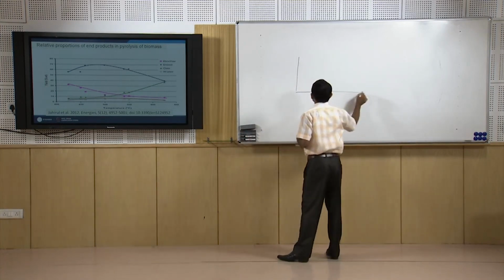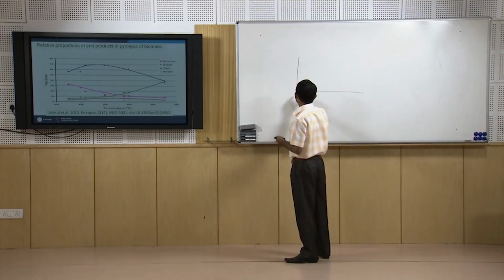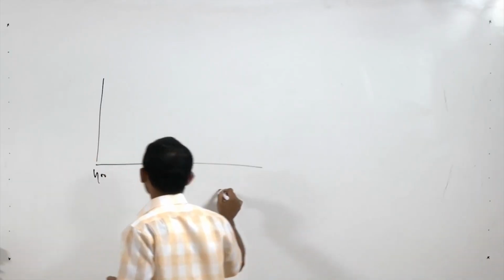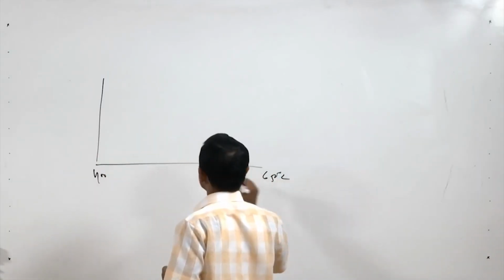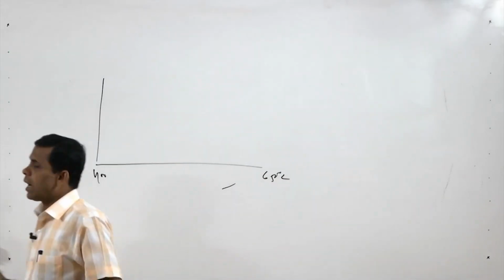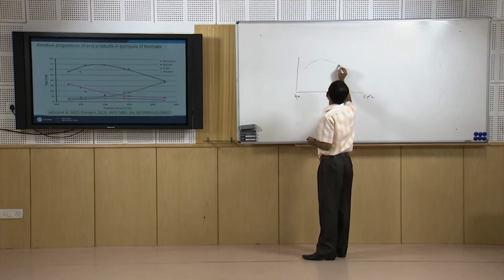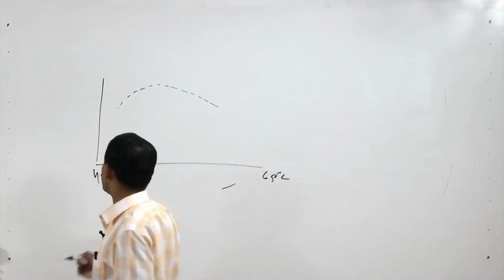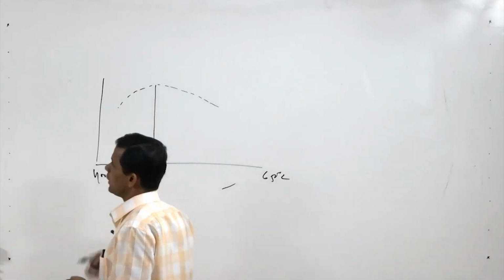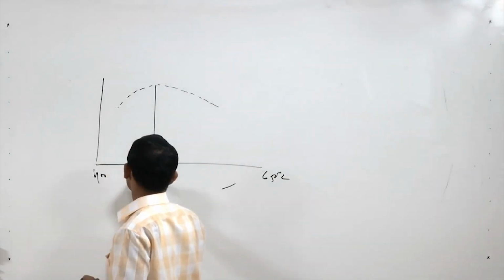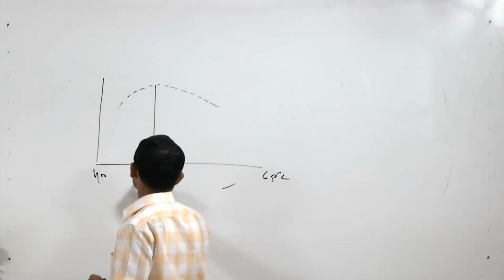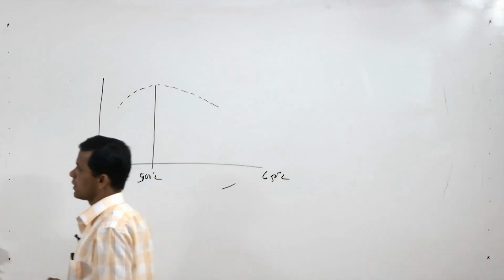If we go from lower to higher temperature, say 400 to 650 degree centigrade, the bio oil initially increases, and after attaining a certain value, it decreases. So, around say 450 to 500 degree centigrade, this decreases.